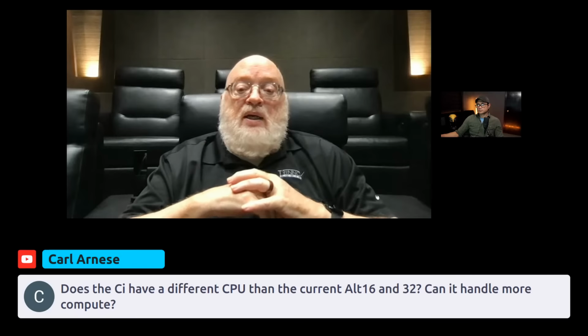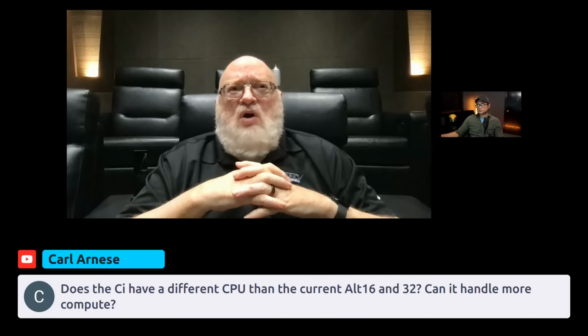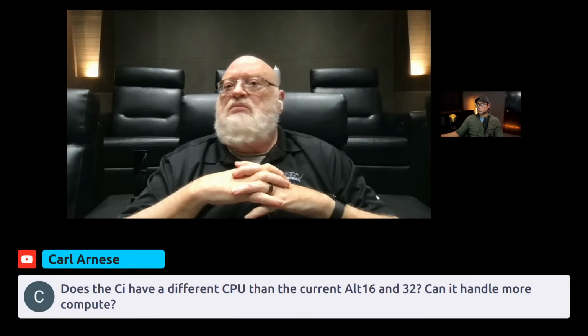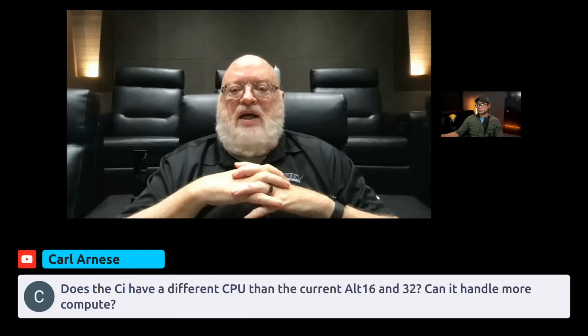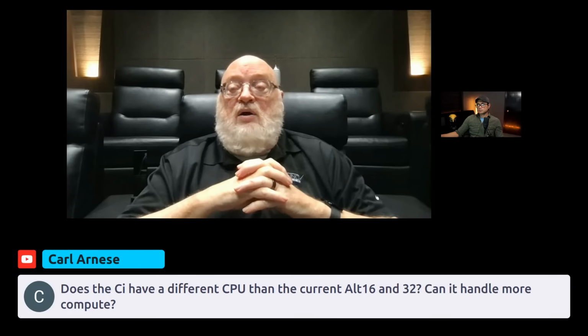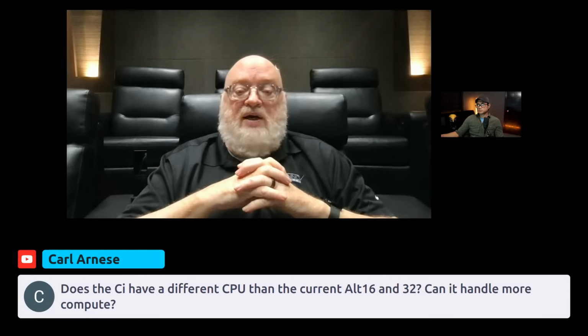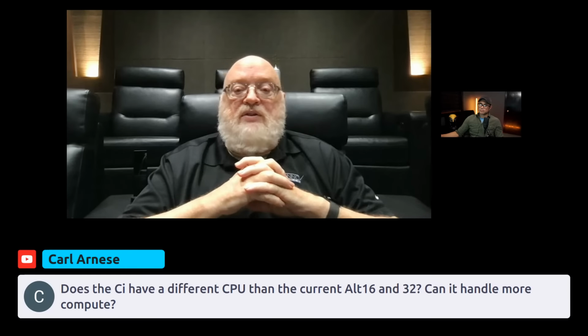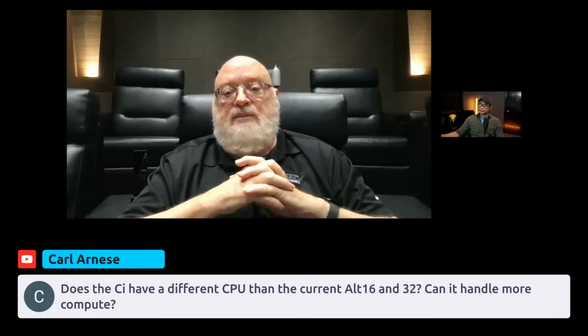I don't offhand know which CPU they're using right now, but it's a multi-core Intel processor, and over the years those have gotten so much more powerful than they were when we designed the Altitude 12 years ago now.